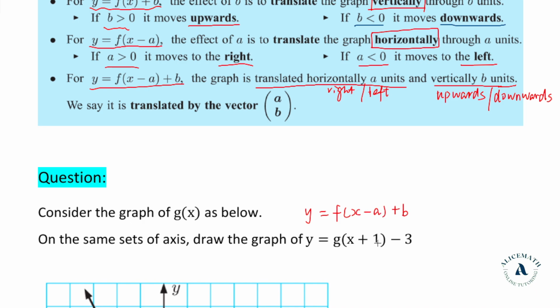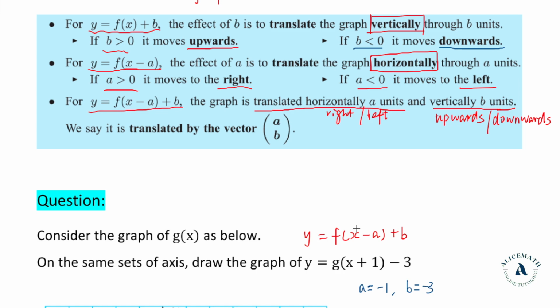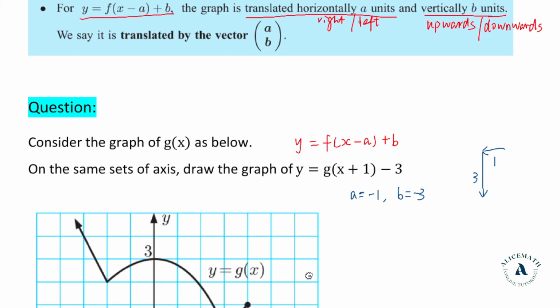Here x plus 1 minus 3 means a equals negative 1, b equals negative 3. Actually, this graph means move to the left side by 1 unit and then downward by 3 units.